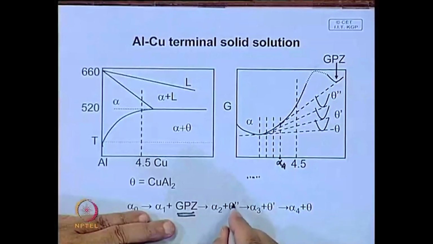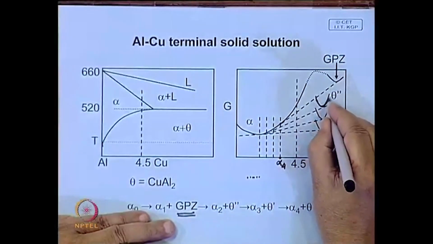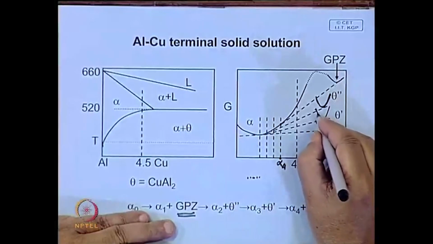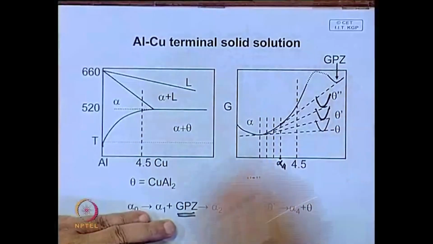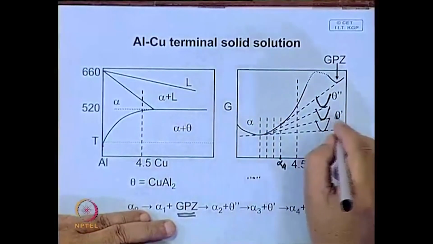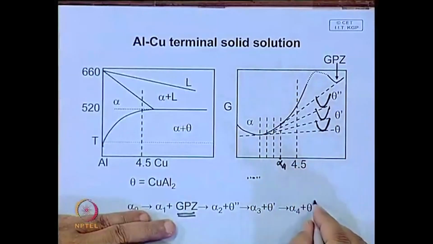The next precipitate is theta double prime, and its stability is shown by this free energy composition diagram. Next is theta prime. These are all coherent, and finally this is the stable precipitate theta, the final precipitate, which is actually CuAl2.